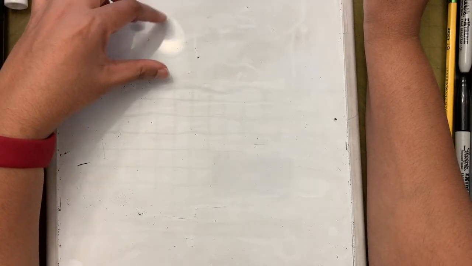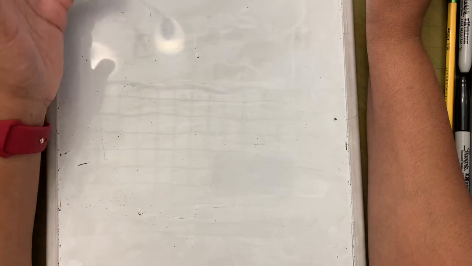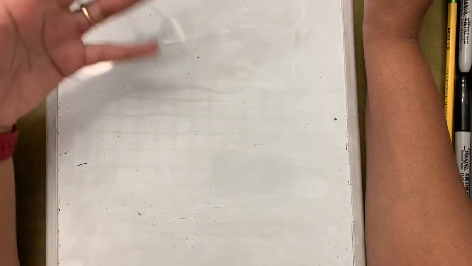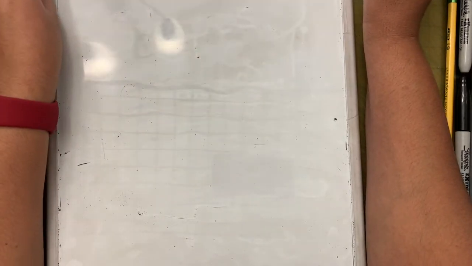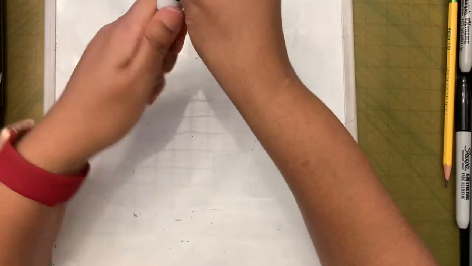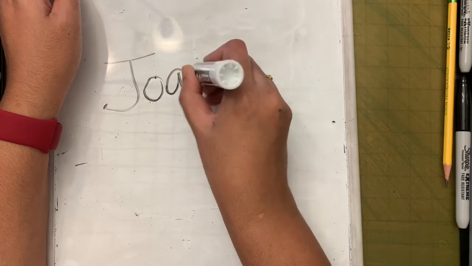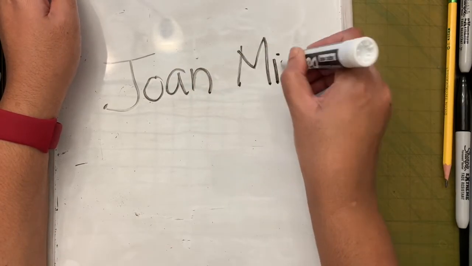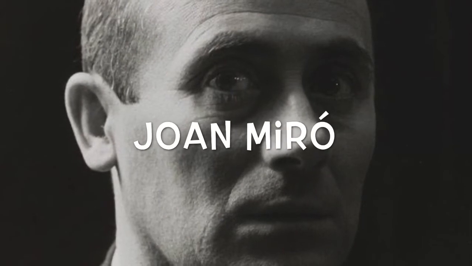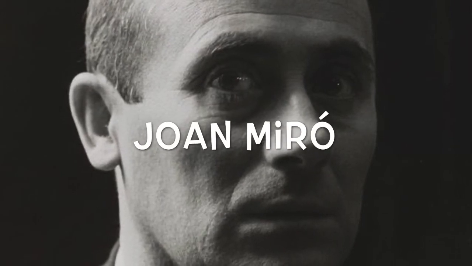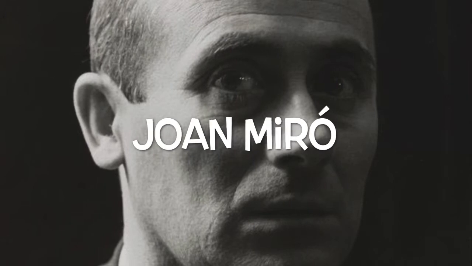So there are artists who have used inorganic shapes and they have become very famous. One such artist is Joan Miró. This artist used a lot of inorganic shapes. He is a Spanish painter from Barcelona.